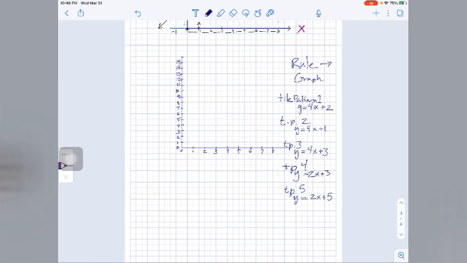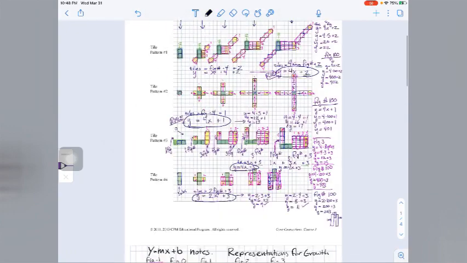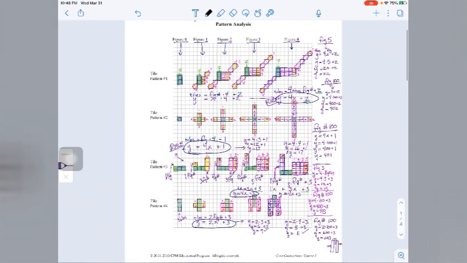So in tile pattern 1, if you look at the tiles, right? In figure 0, there's 2. In figure 1, there's 6. In figure 2, there's 10.